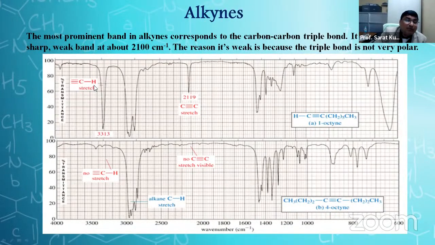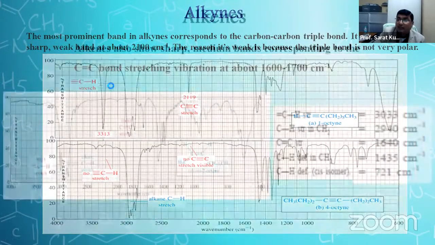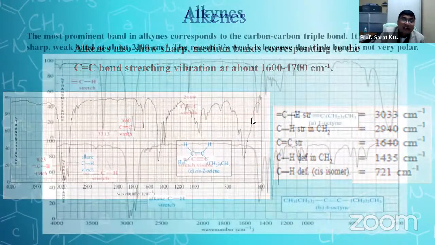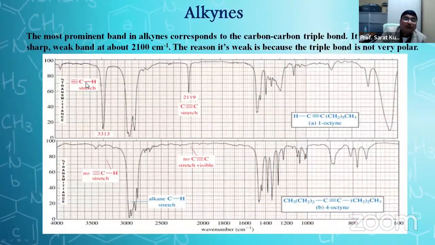That depends on why. If we remember from the last slide, the hydrogen attached to the double bonded carbon is 3033, and the hydrogen attached to the carbon-carbon triple bond comes around 3313.